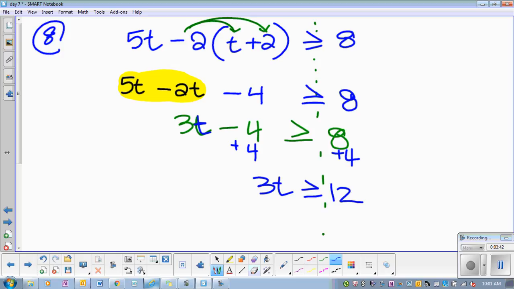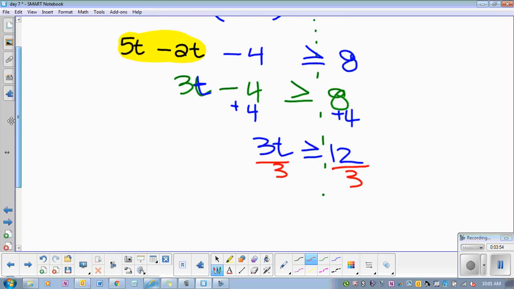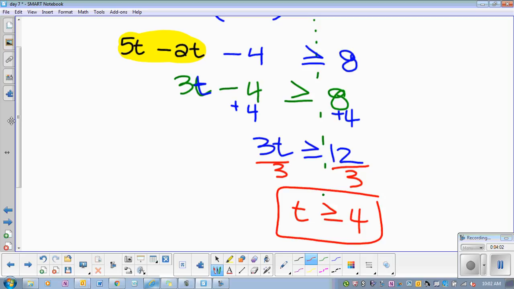Now, since I have 3 times t, if I want to move that 3, divide by 3, and whatever you do to one side, you have to do to the other side. And then you have t is greater than or equal to, what's 12 divided by 3? 4. Perfect. How do you guys feel about this? Great. Good.